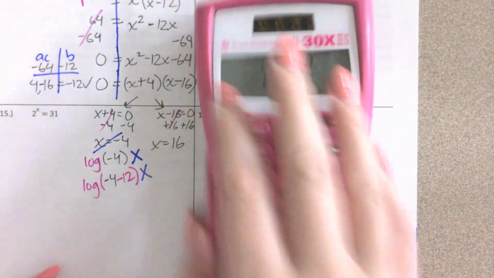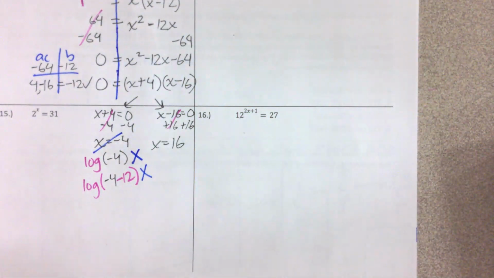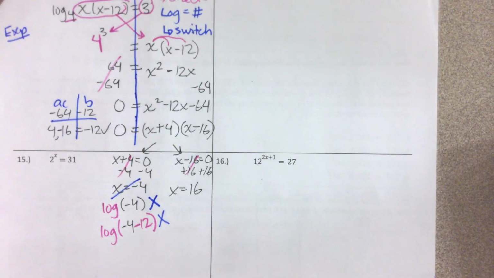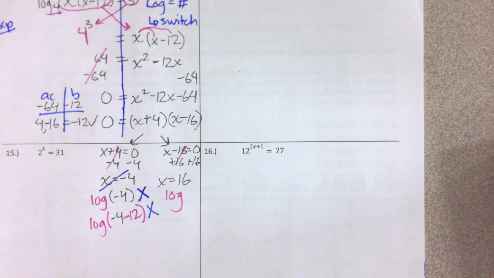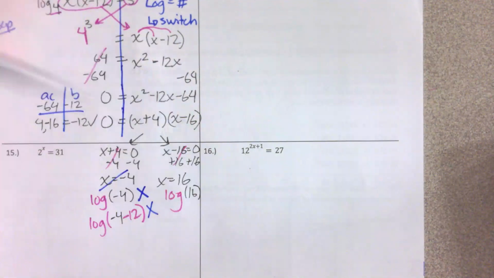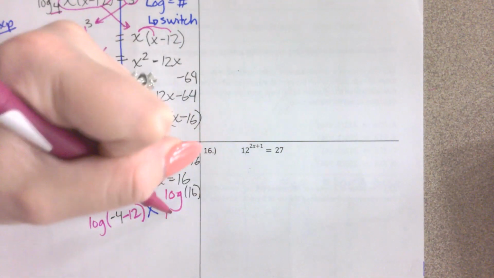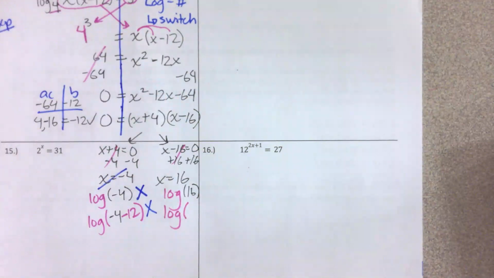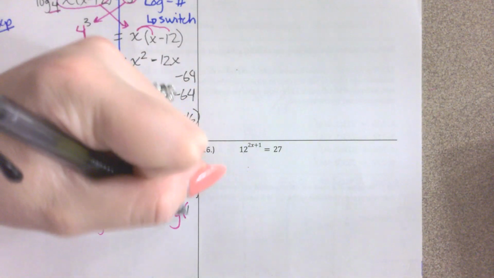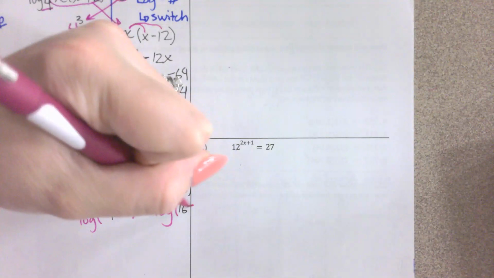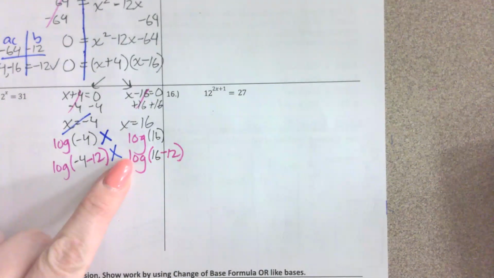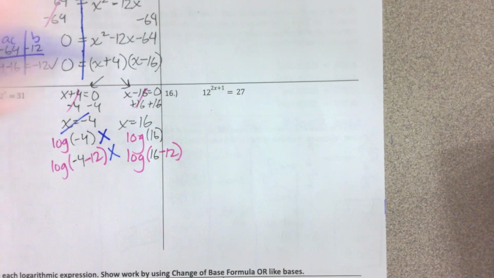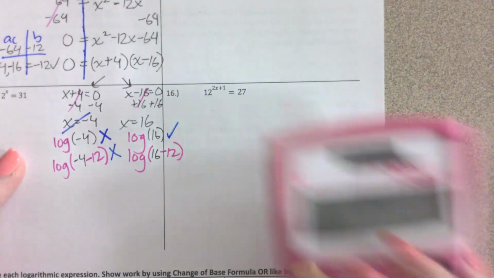Now reminder, I still have to check the 16. So we're going to plug 16 in just like we did with negative 4. Log of 16 and log of 16 minus 12. Now, once again, log likes positives, so we can already say for a fact that it's going to pass log of 16.